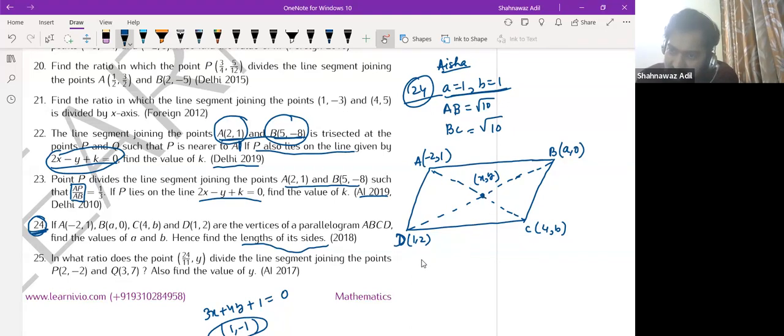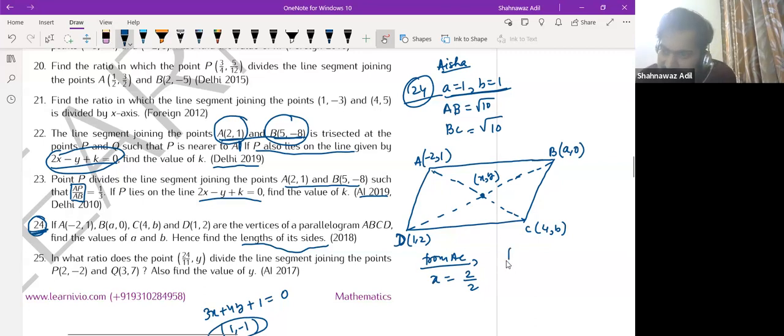So let us find this X from AC, right? X would be minus 2 plus 4 by 2, so X is 2 by 2.